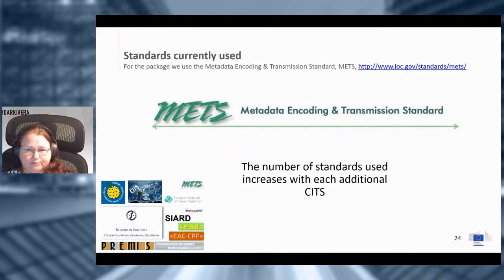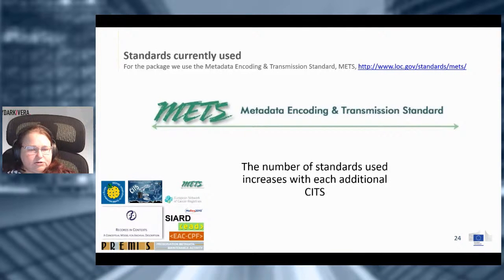Currently in the building block, we are using a number of standards. The core one is METS, the Metadata Encoding and Transmission Standard. And in just a couple of slides, I will give you a crash course in METS. I say it's a crash course because it takes some time to get used to it, but you will get a high-level overview of the standard, so you understand what I'm saying in the rest of the presentation.